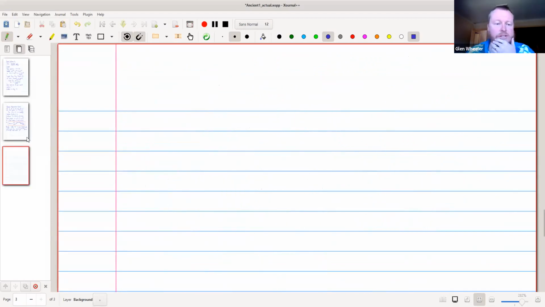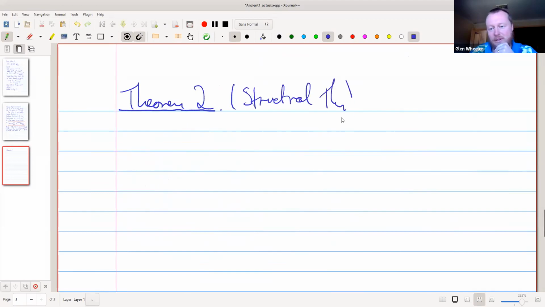But somehow it's not the most impactful in its statement. I love it, but the second one, though, is a doozy. So this is, let's just call it a structural theorem, whatever you want to call it. Okay, it goes like this.